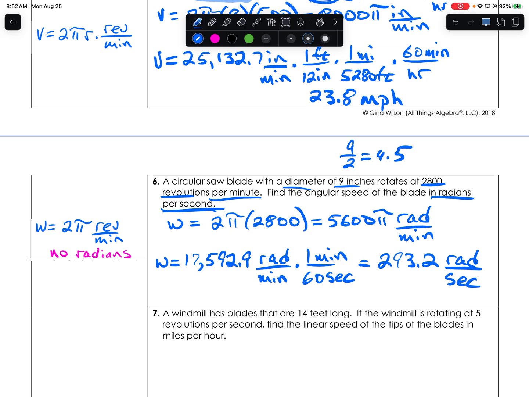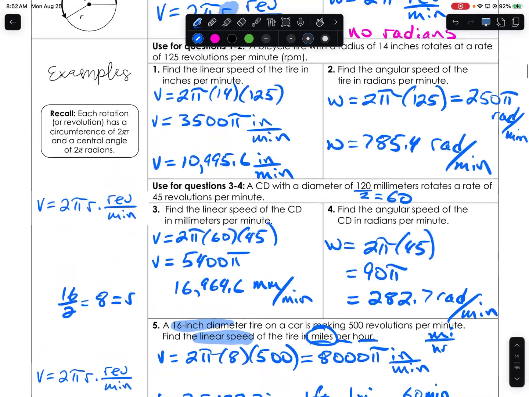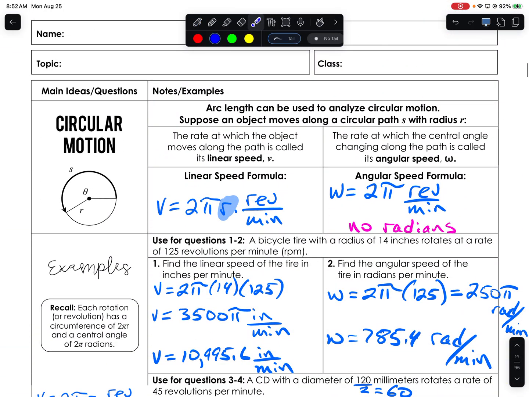Wait, I have a question. Yep, go for it. Okay, so if you multiply the pi out from 5,600, would that not make it inches per minute? So then why would you... Because up here, sorry, I went the wrong way. This right here is in radians per minute.